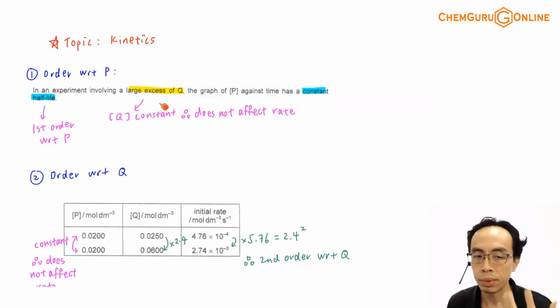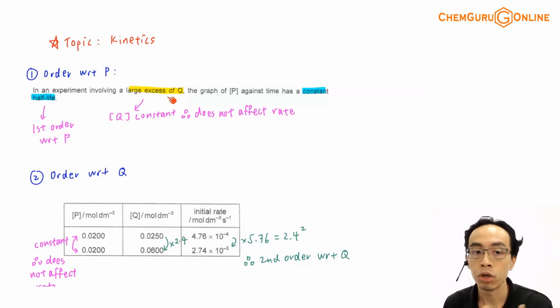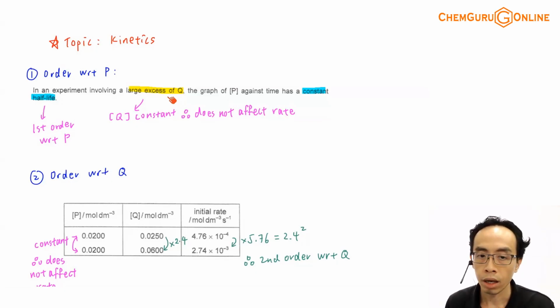The purpose of involving a large excess of Q is that the concentration of Q will be a constant because the change in it is negligible. This would mean that Q doesn't affect the rate of the reaction, and we can have a direct comparison involving P and how P affects the rate of the reaction.